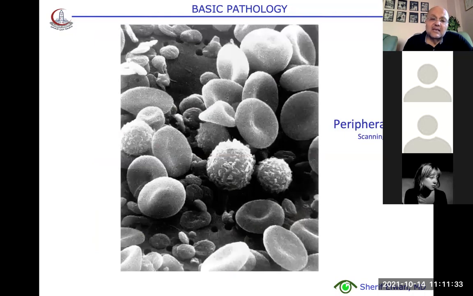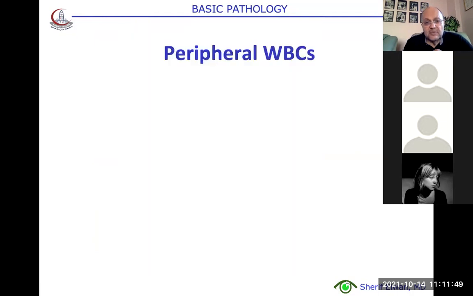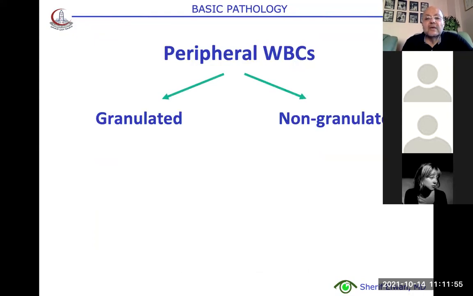Under the scanning electron microscope, they appear as a biconcave disc or pie. These are the RBCs, of course, shades of light under the electron microscope, no color stain. While the white blood cells or the peripheral blood cells in the blood film are divided into two main categories, which are granulated and non-granulated cells.